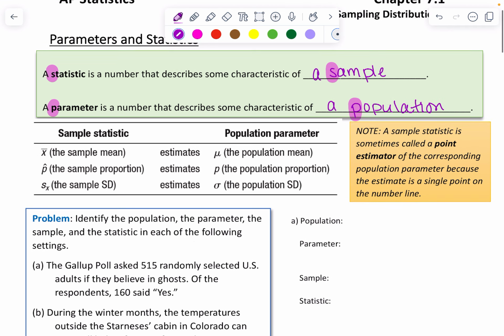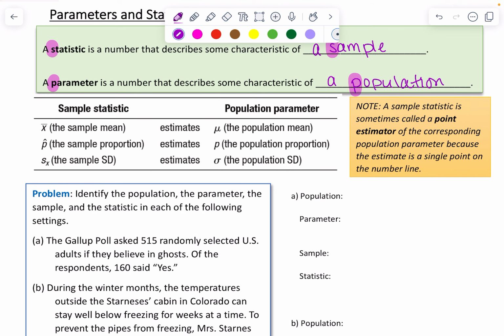All right, so using the symbols we've already seen, if it's a Greek letter like mu or theta, that's for our population. If it has a hat, like X bar has a hat on top of it, or P hat literally has a hat on it, then it's for sure going to be a statistic.